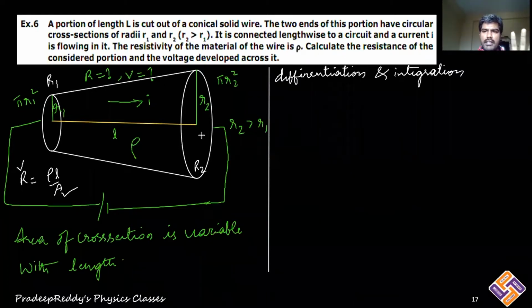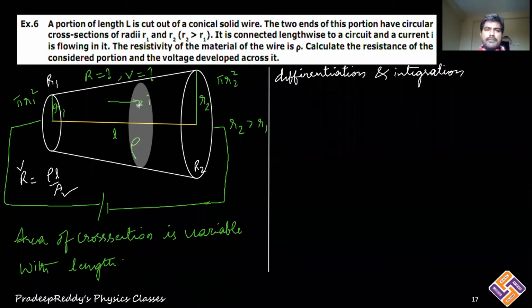Okay, so once again, I'll make it clear. As resistance is variable with respect to position here, because area of cross section is variable, I'll take a very small element in this conductor. I'll take one element over here. Like this, I'll take one small element. And for this element, first, I'll be finding out resistance. This is a very small element whose area of cross section is like dA.